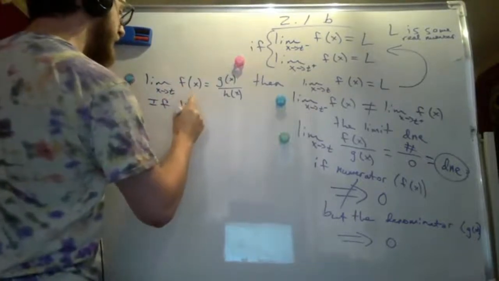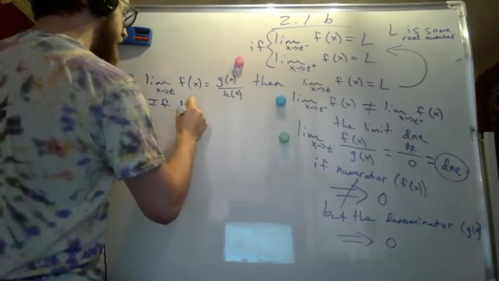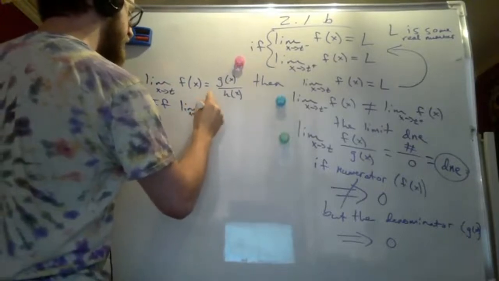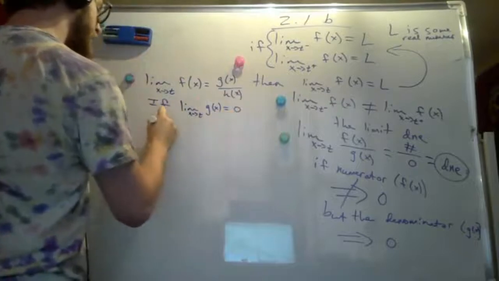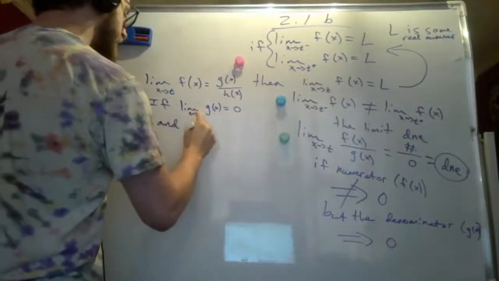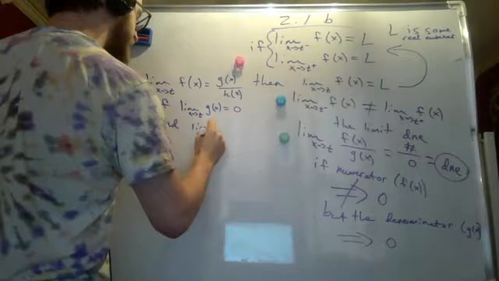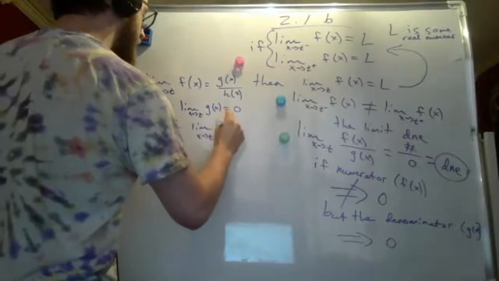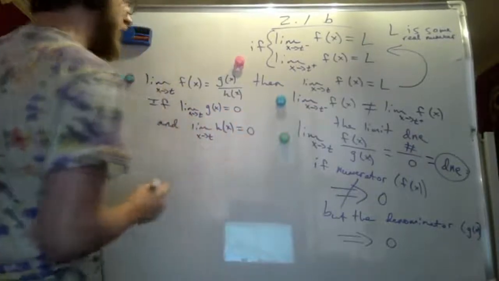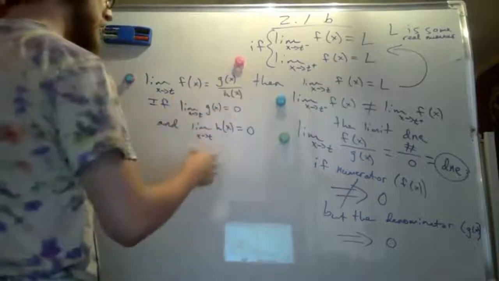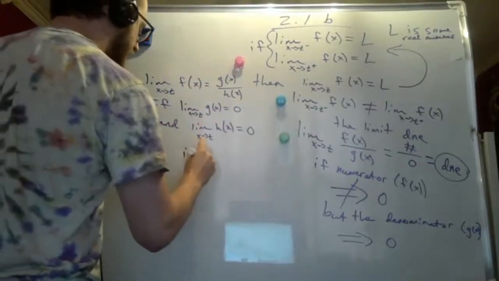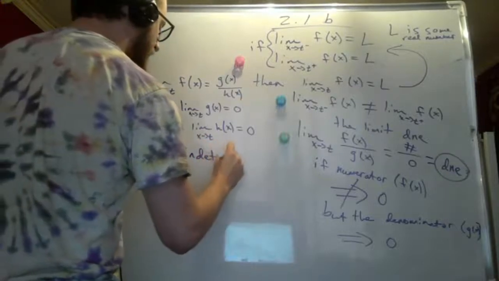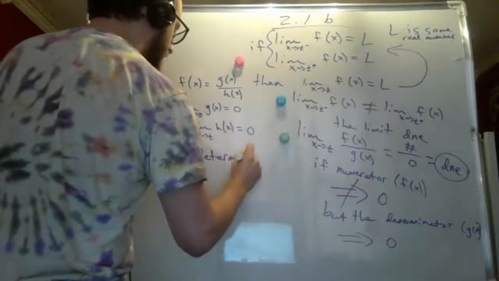If the limit for the numerator, g of x, as x goes to t is equal to 0, and the limit as x goes to t for h of x, our denominator, is also equal to 0, so we have a 0 divided by 0, then we call this limit indeterminate.